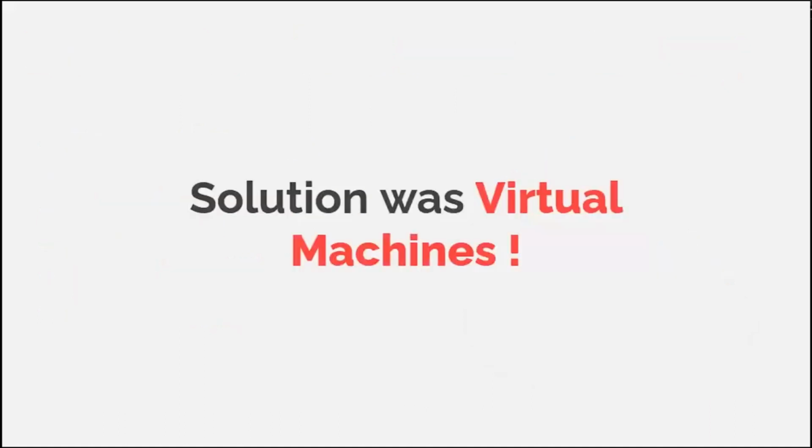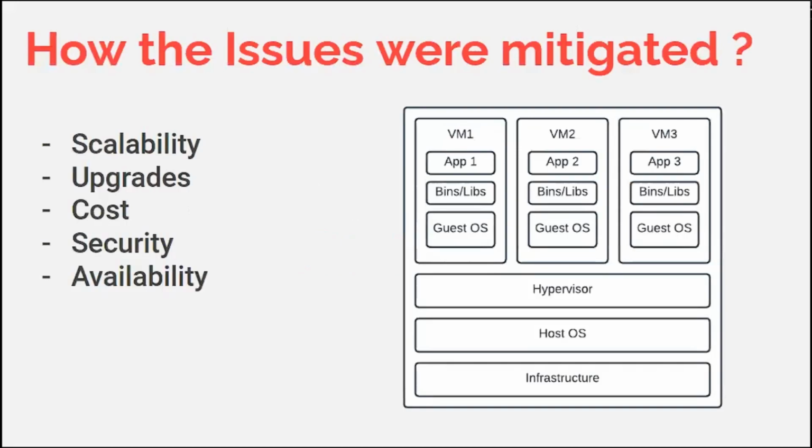So the solution came like this. We all know about virtual machines, so the solution for these issues was virtual machines. What virtual machines do is, we have our hardware infrastructure. We might have it by ourselves, or maybe we'll be using someone else's infrastructure.